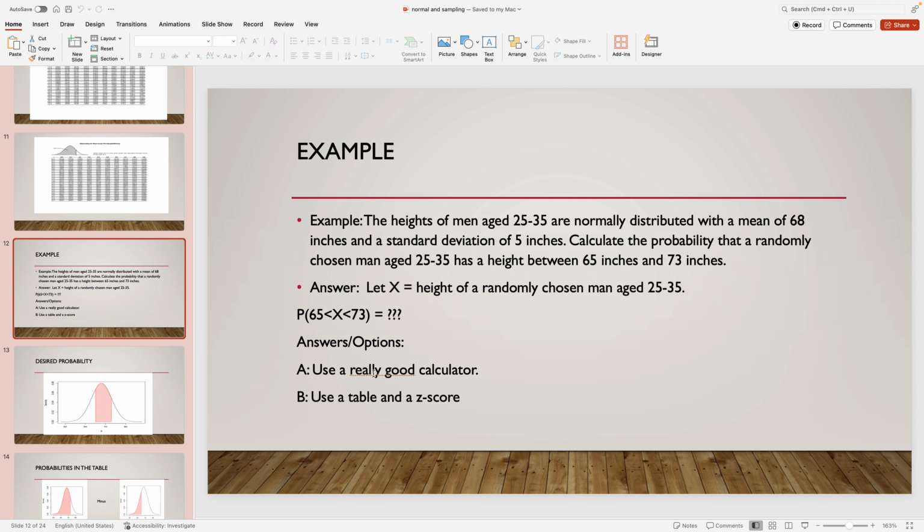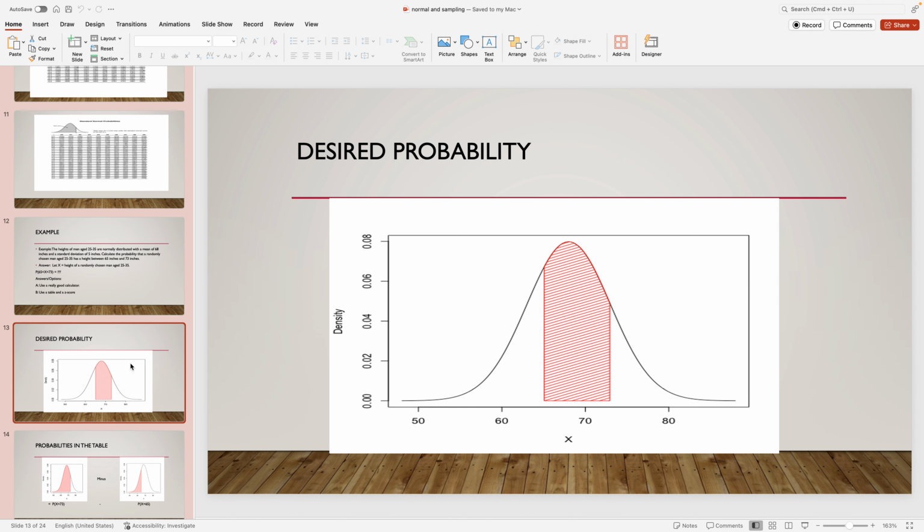You know, we could use a really good calculator, we could use the table, but the probability we want to calculate graphically is this one, and it corresponds to this area under the curve of the normal distribution with the parameters of the mean mu and standard deviation sigma given in this problem.